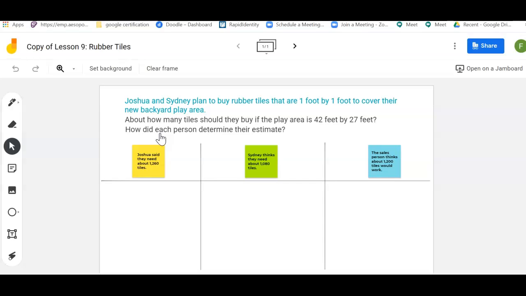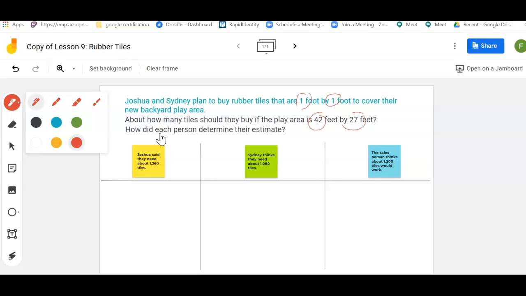And let's go ahead and do our cubes on this one. You've got a 1 foot by 1 foot area that's going to be covered in the backyard. And you've got key numbers 42 and 27, and a couple of questions here that we're going to underline.